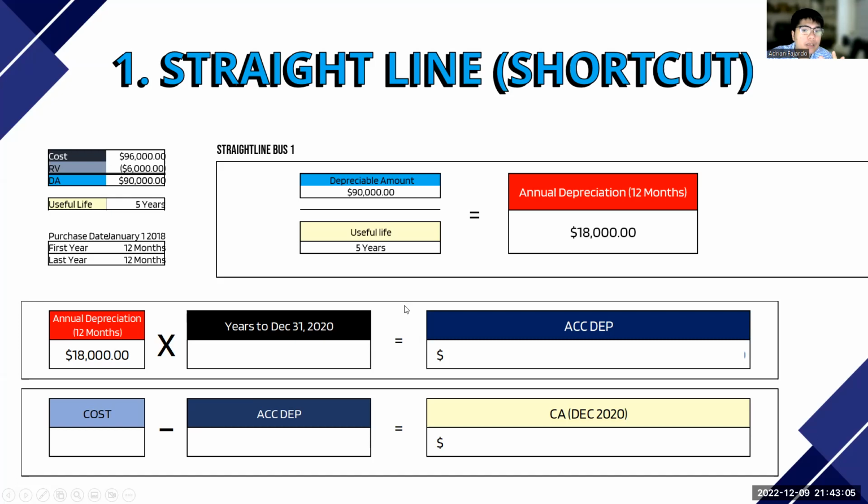So 3 times the annual depreciation will be 54,000 of accumulated depreciation. So if tinanong sa inyo, what is the carrying amount at December 2020? Then it's just basically cost, which is 96,000, right? Minus accumulated depreciation of 54,000. So my carrying amount is 42,000.